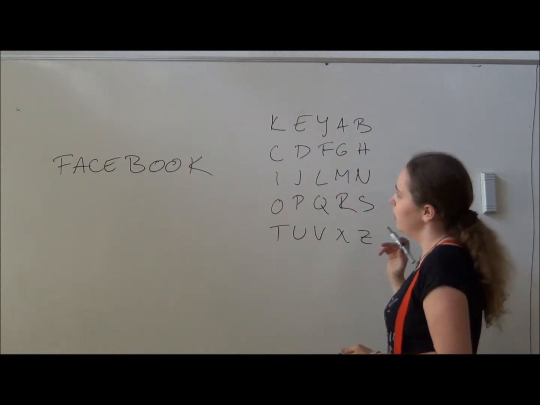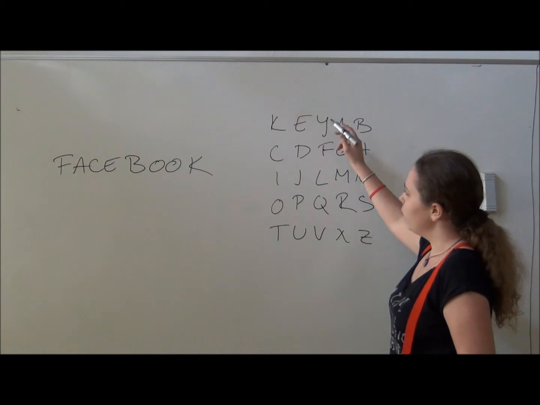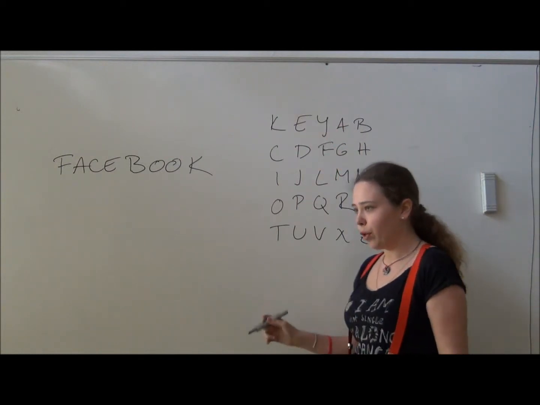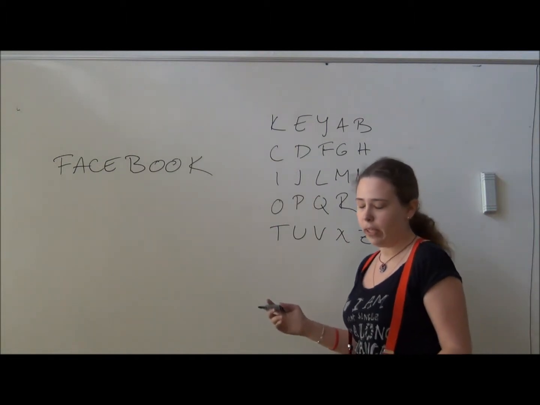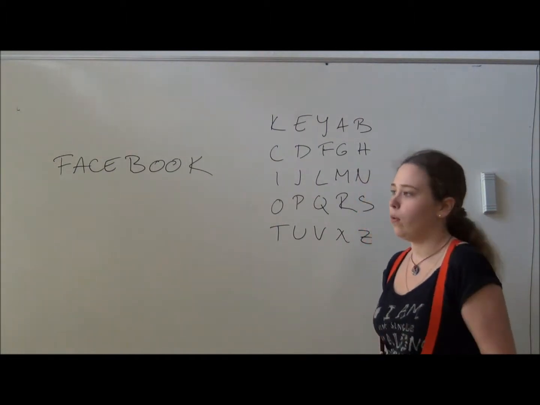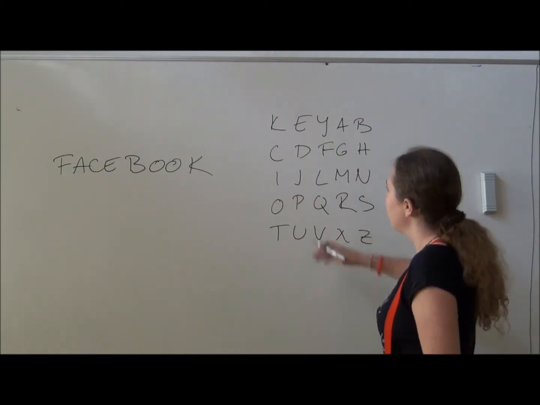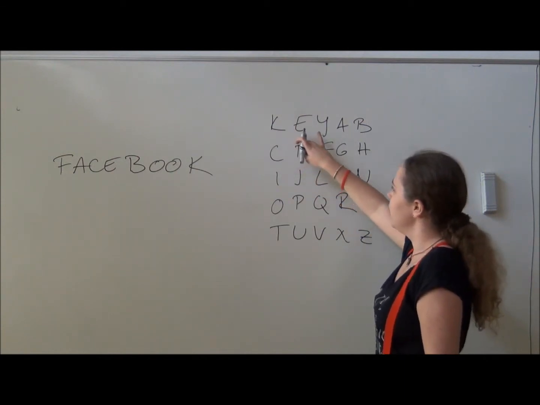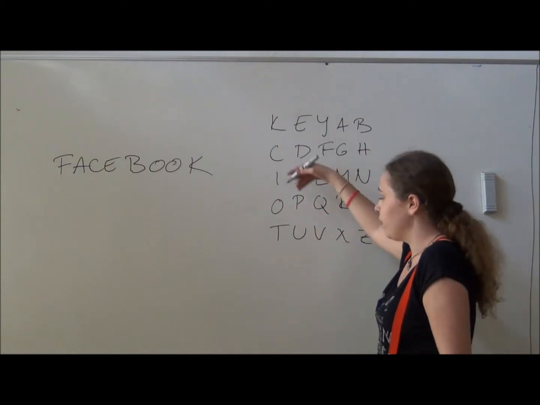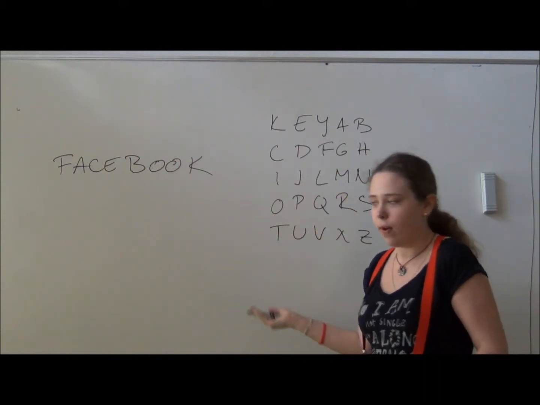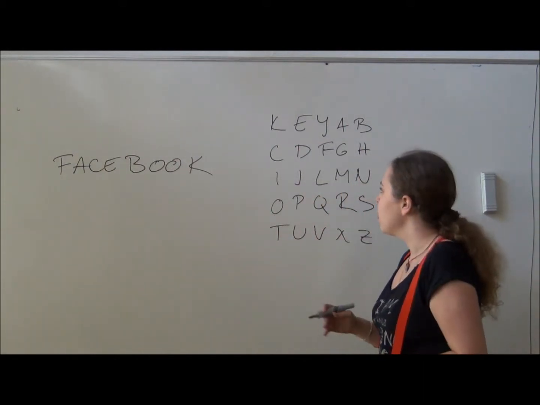But if letters repeat themselves in the keyword, you miss them out. In this case, none of the letters repeat themselves, so there was no need to worry. Of course, K, E, and Y repeated themselves, so we didn't write them in again, because otherwise we wouldn't get a 5 by 5 square or box.